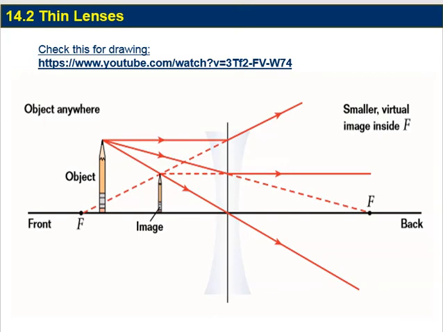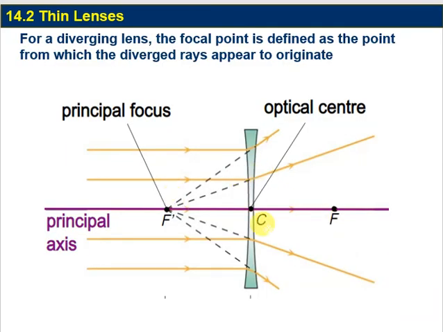This is the first case, when the object is very, very far. The image created is at the focal point. Why? Because the parallel rays coming from the object diverge as if they were coming from this focal point. So when we trace the emergent rays backward, they meet at this point.